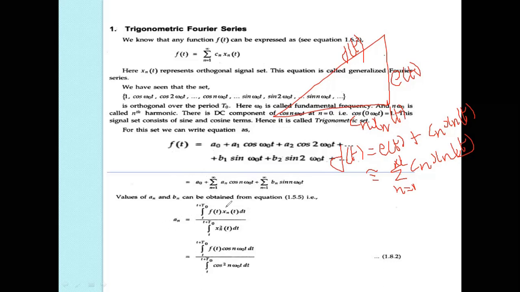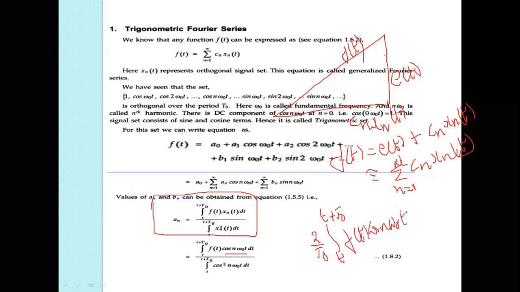So cn, according to the orthogonality of the approximation signal, we can take that cn as an, with f of t and xn of t considered as a cosine function, and the denominator is the integral of cos square n omega naught t. After deriving that, we'll get 2 by T naught times the integral from t to t plus T naught, a full cycle, of f of t into cos n omega naught t dt.